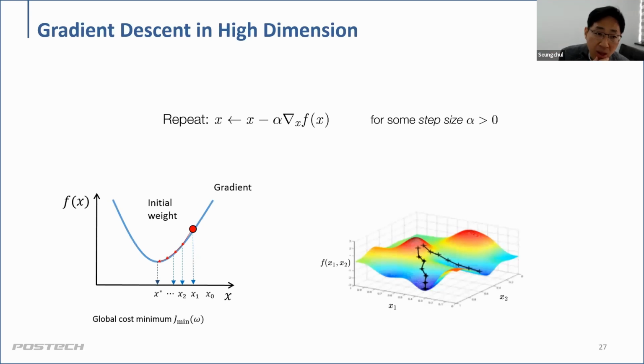Now let's visualize gradient descent in high dimensional space. Here, instead of the derivative, now we do have the gradient. I'll explain the geometric meaning of the gradient. This is a one-dimensional space, and this is a two-dimensional space. I mean, when the decision variable is one dimension, we plot it in 2 dimensions.